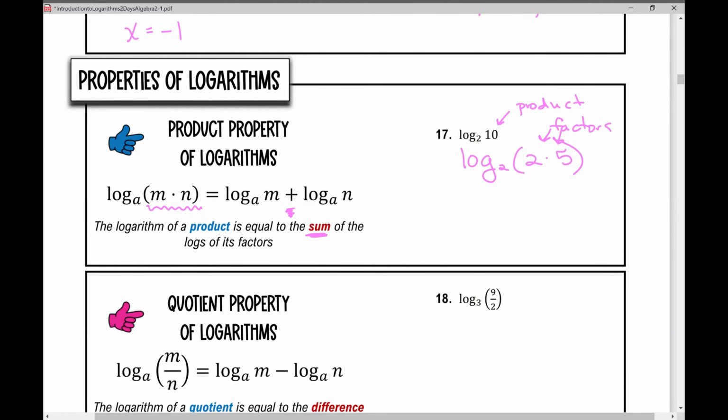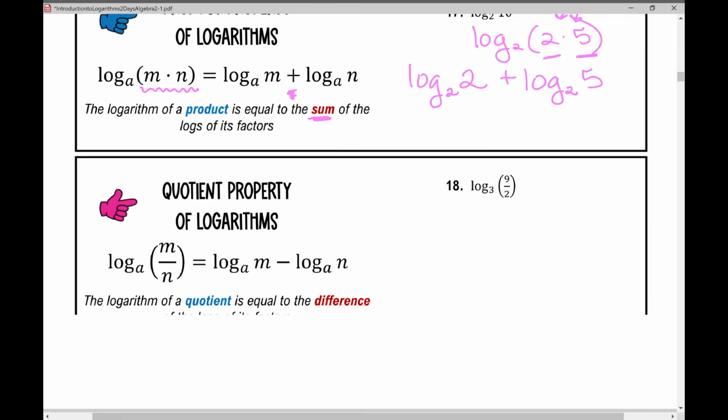So I can rewrite this as the log base 2 of 2 plus the log base 2 of the other factor, which is 5. So I'm just rewriting it. And that's what we're going to be practicing, just rewriting these logarithms in a different way.